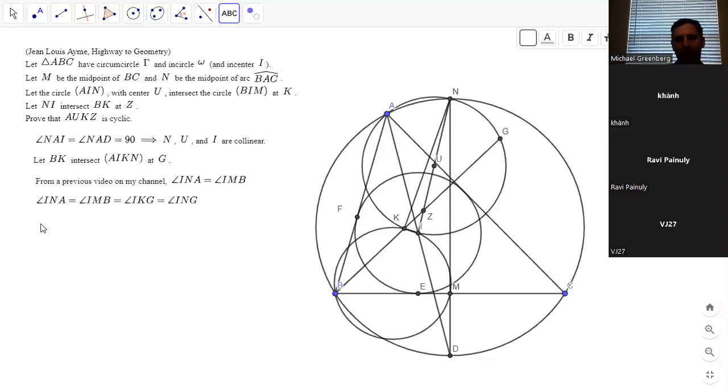Yeah, it just feels weird to me because it's the external angle bisector, not the internal, but maybe it's the same idea. Okay. So yeah, we've solved it.